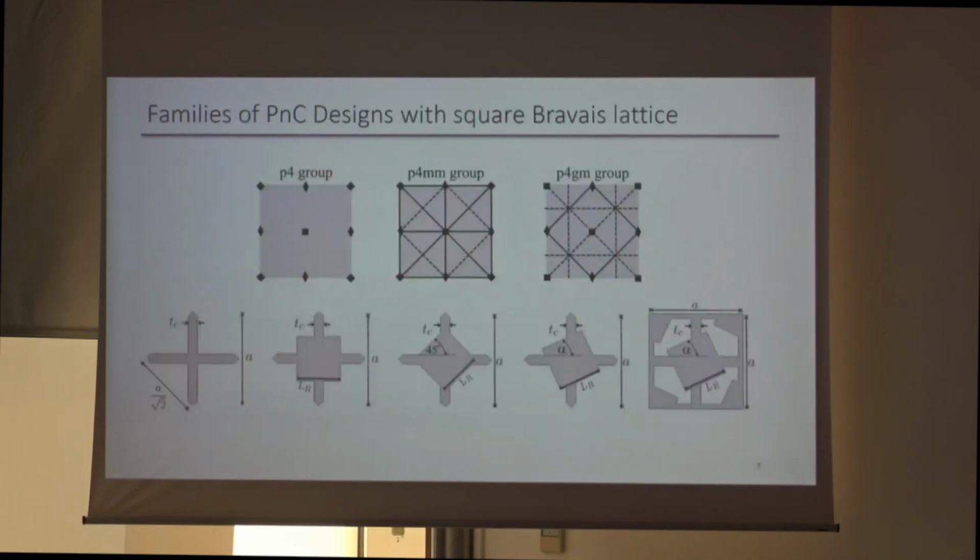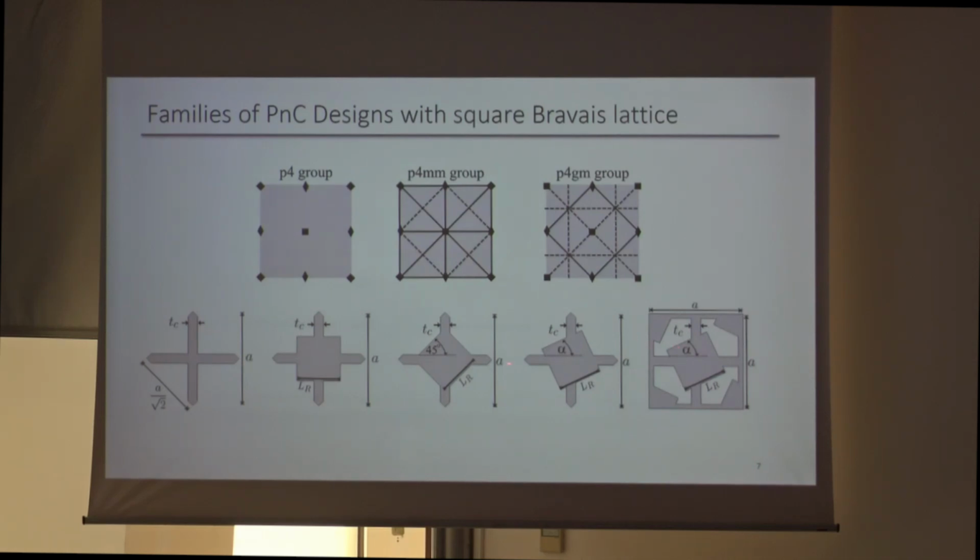Okay. So just a bit of theory, and you probably have noticed already that all of these symmetry groups with square Bravais lattices also have fourfold rotations. And these are the only 3 groups out of 17 which have fourfold rotations. And we decided to explore whether there will be any difference in the band structure if we change the symmetry group.